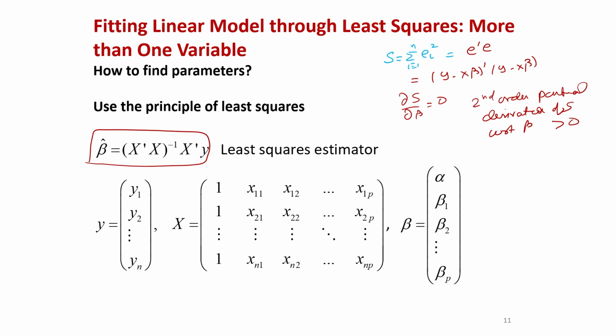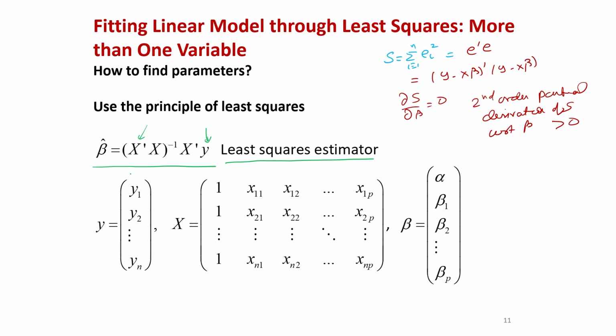Now you can see that the value of beta hat you have obtained is a multivariate version of the beta hat which you had obtained in the case of y equal to alpha plus beta x. This is called the least squares estimator of beta. And you can see it depends only on two types of variables: one is the matrix x and the other is the vector y.